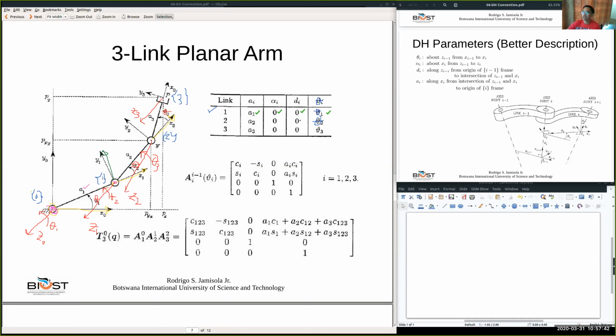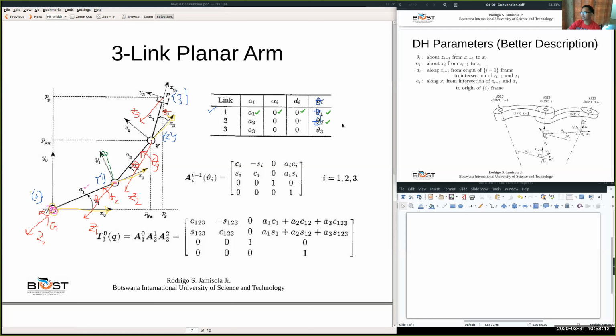Anyway, so now let's go to theta 2. Again, let's review that because there was some misunderstanding about this theta 3 and Z2. So now we have theta 2, about Z2 from X1 to X2 using the right-hand rule. And so this is theta 2, and we're done with theta 2.